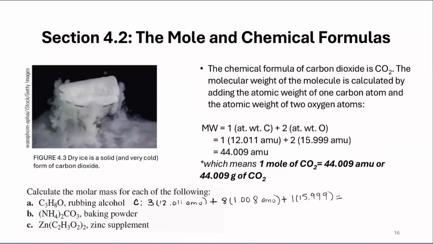So when I multiply the values by the subscripts that we have for the atoms, I have 3 times 12.011, and I'm going to add that to 8 times 1.008, and I'm going to add that to 15.999.